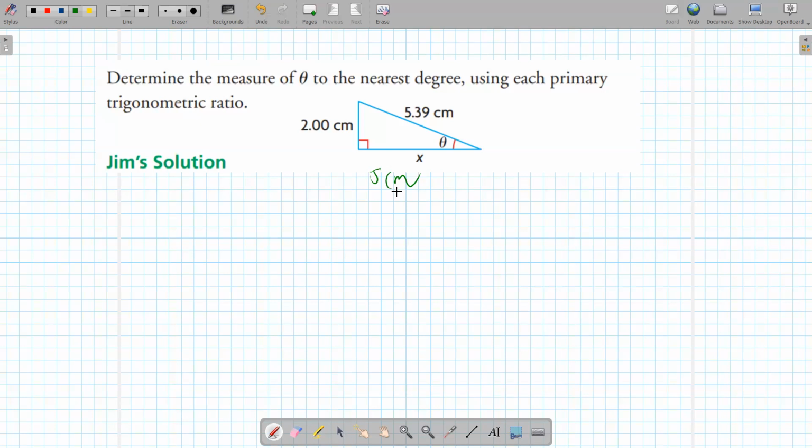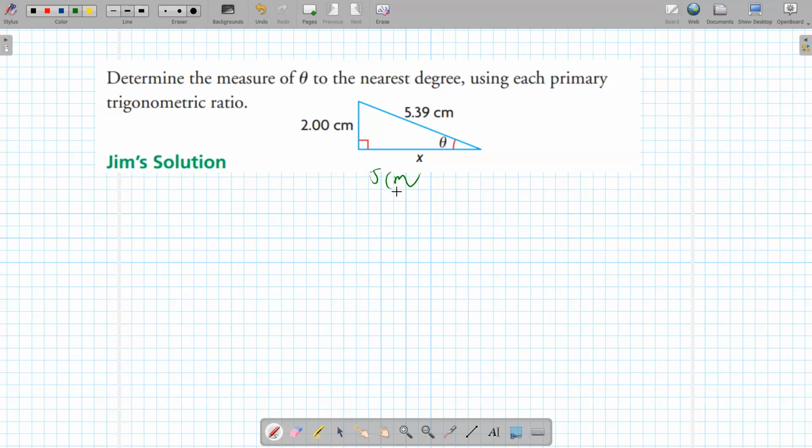Remember, you have to do an inverse question. So this is like a trick question where the angle is missing, so we're gonna have to do inverse. You could do 2 divided by 5.39 and then sine inverse. Yeah, that's gonna work.